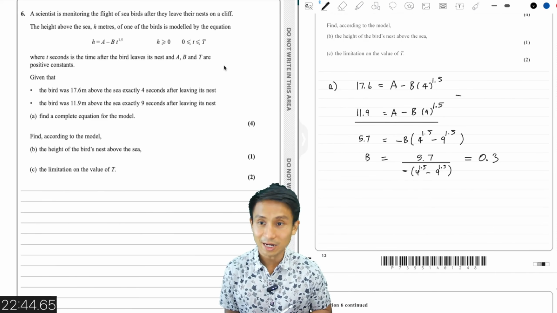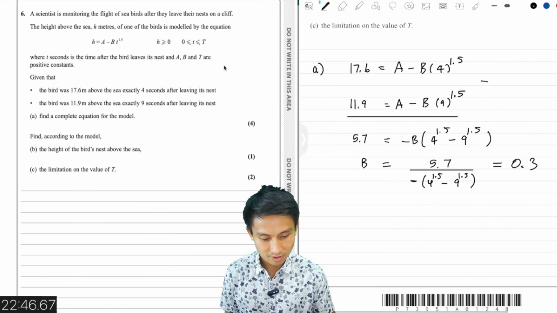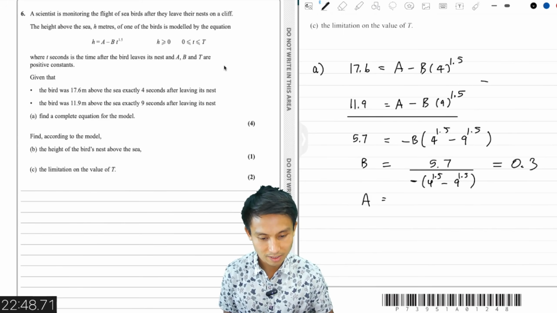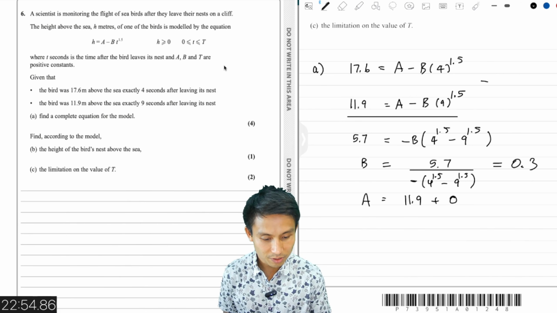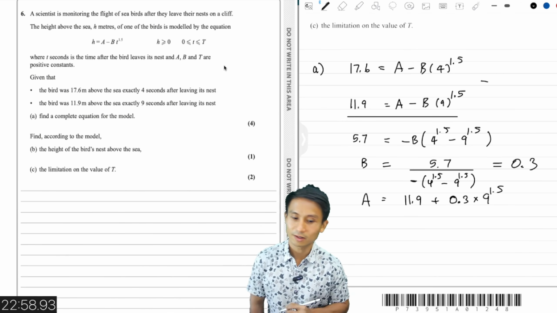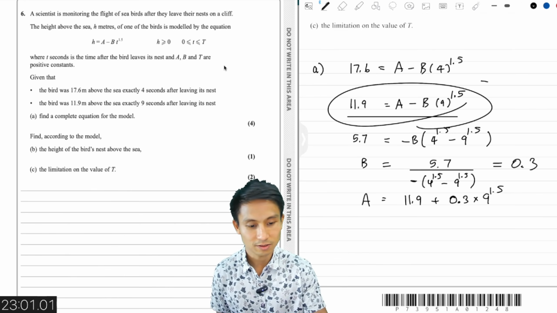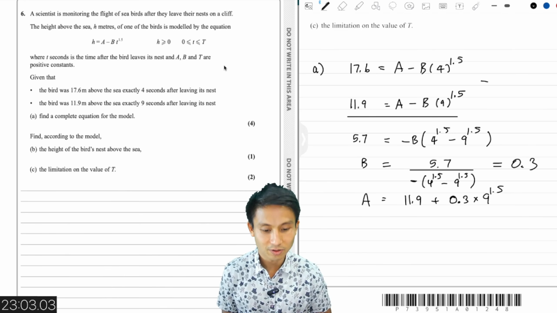Okay, so we should find a using this value. So a would be then, just going to use the second equation. So 11.9 plus b, which is that, times 9 to the 1.5. Okay, so I'm using this one to just find a. Let's see if I plugged in everything correctly.